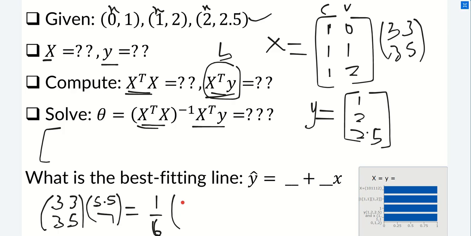So we have 5, then 3, right? Then we negate this one, which is minus 3, minus 3. I hope I'm correct. The inverse, because you need to find the inverse as you can see over here. Then we use it to multiply our answer again, which is 5.5 and 7.